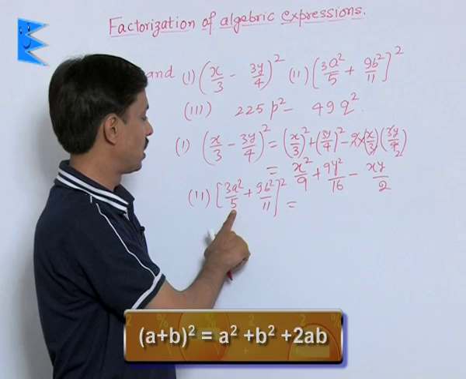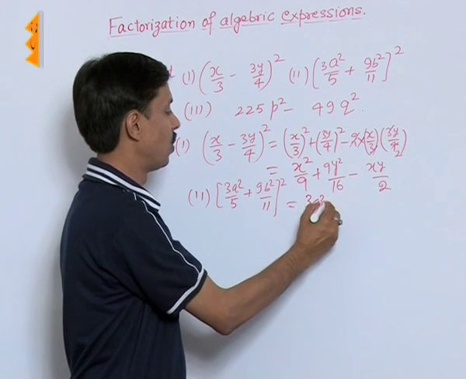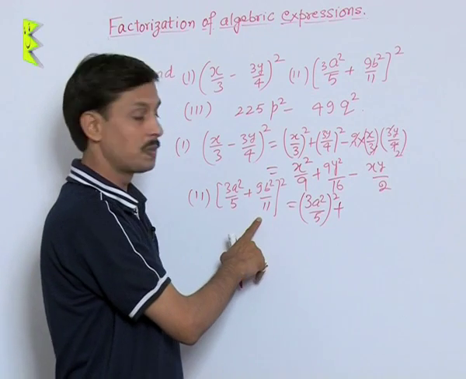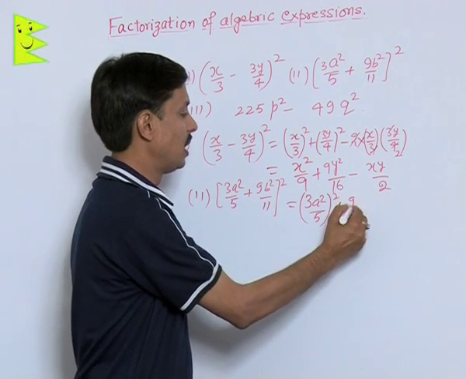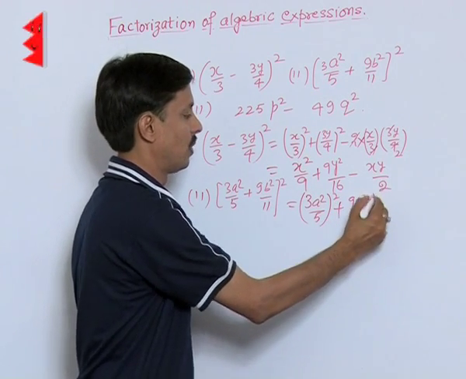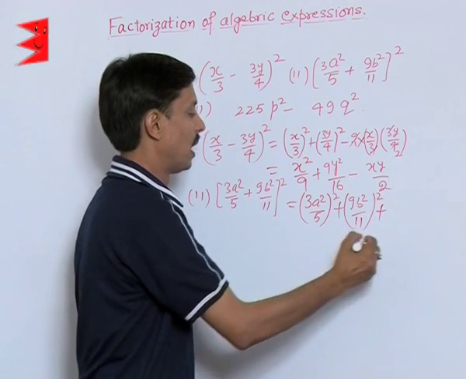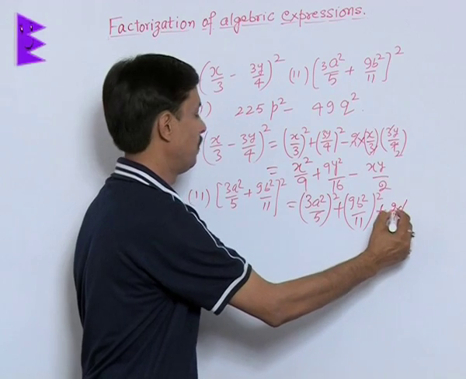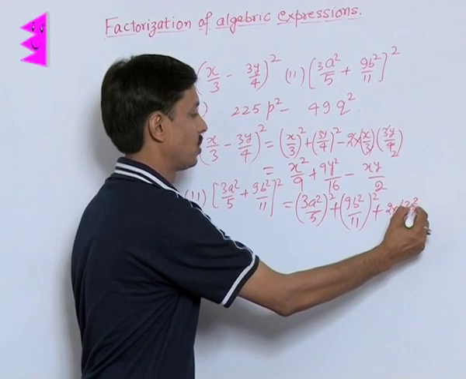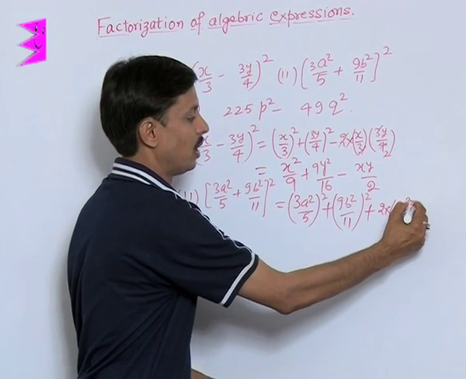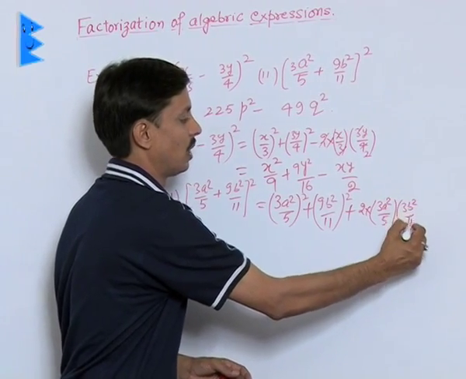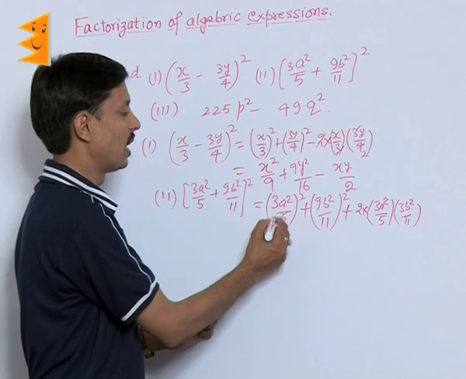Here a means the first term, that is (3a²/5) whole square, plus b², meaning (9b²/11) whole square, plus 2ab, meaning 2 into the first term, 3a²/5, into the second term, 9b²/11.